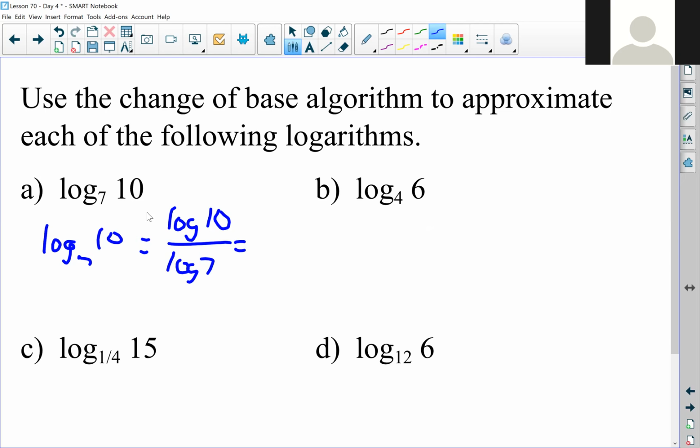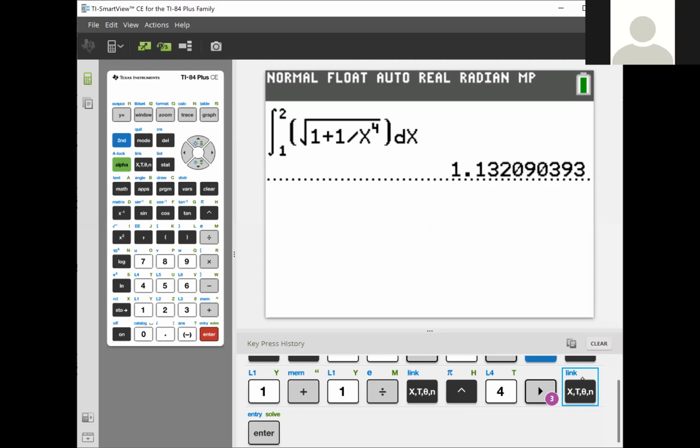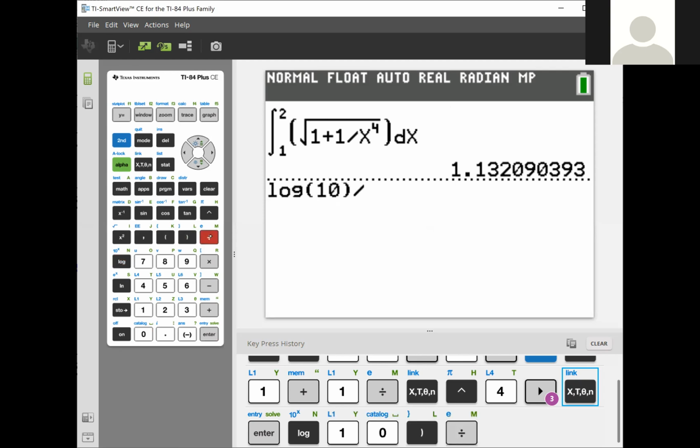And in your textbook, they're going to ask you to round these to 6 significant digits. So if I go to my calculator, I want to do log of 10 divided by log of 7.